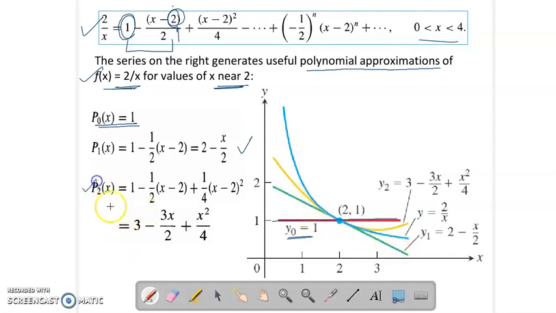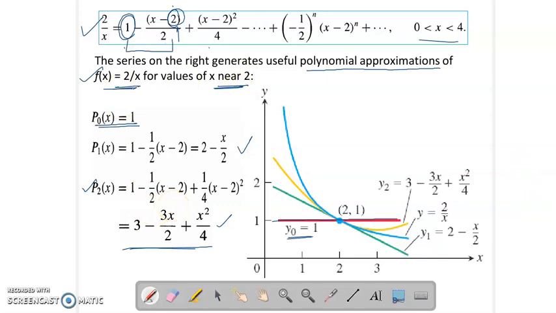Now likewise we calculate what P2 of x is. P2 of x will be the first three terms, right? A polynomial of degree 2. So this is 1 minus 1 by 2 into (x minus 2) plus 1 by 4 times (x minus 2) whole squared, and when you simplify it, you have this as the second degree polynomial approximation for this function near x equals 2.